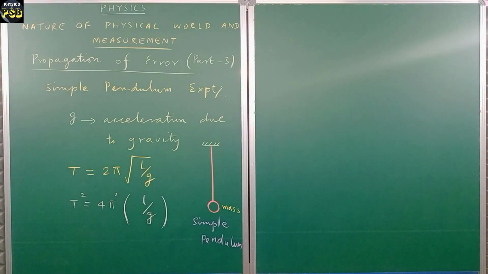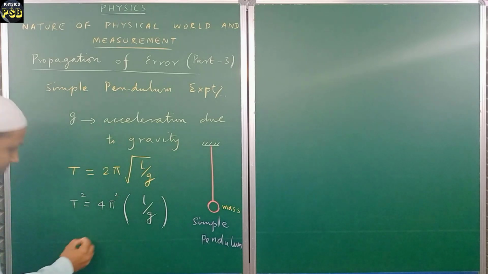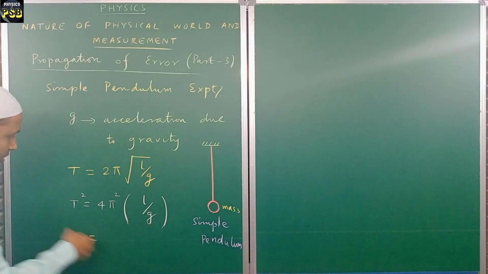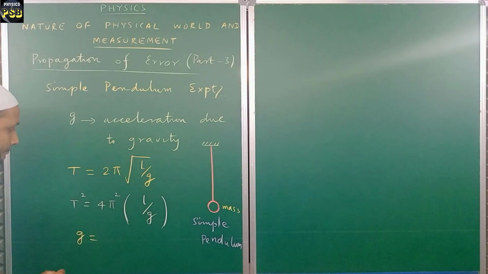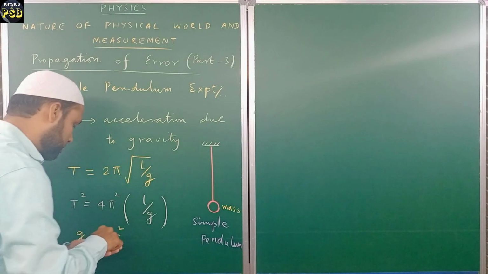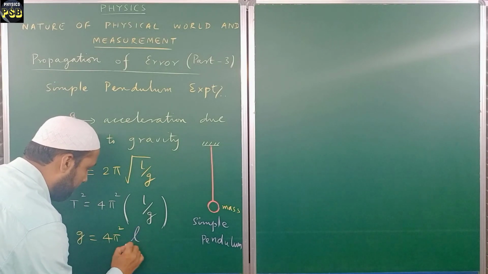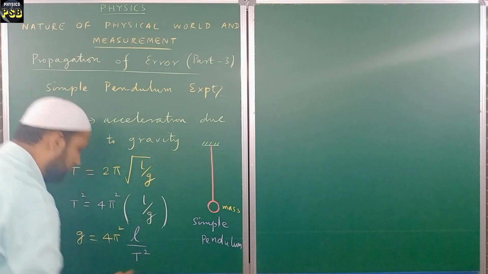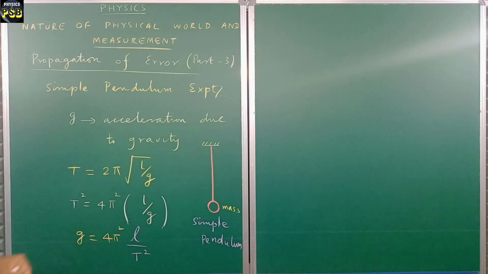It becomes L upon g. So g is taken this side: g equals 4 pi square L upon T square. This is what I obtained. This equation is used to get the value of g at a place where the experiment is performed.